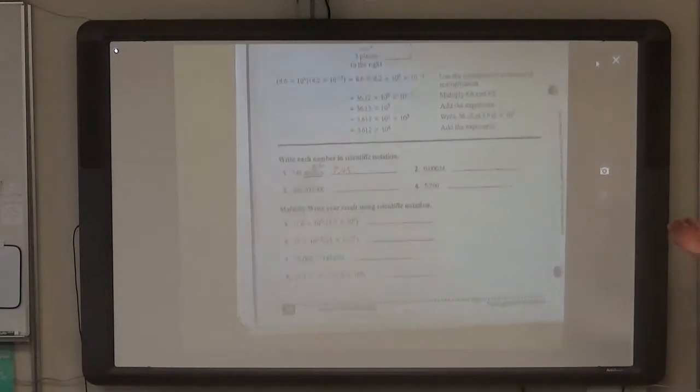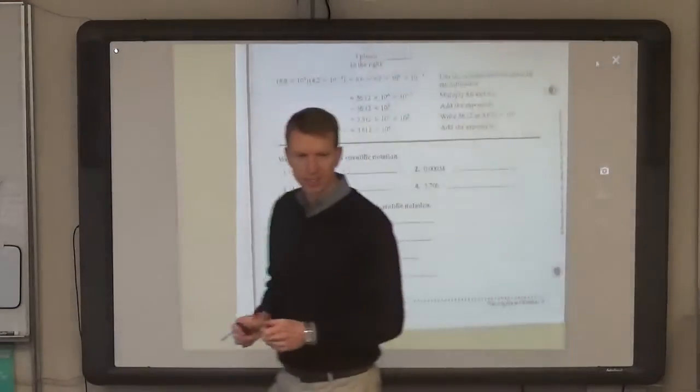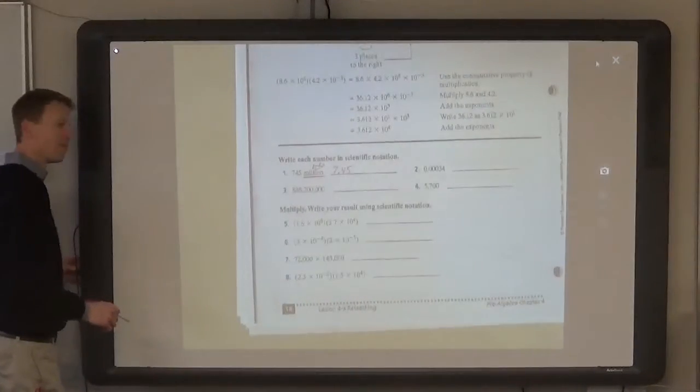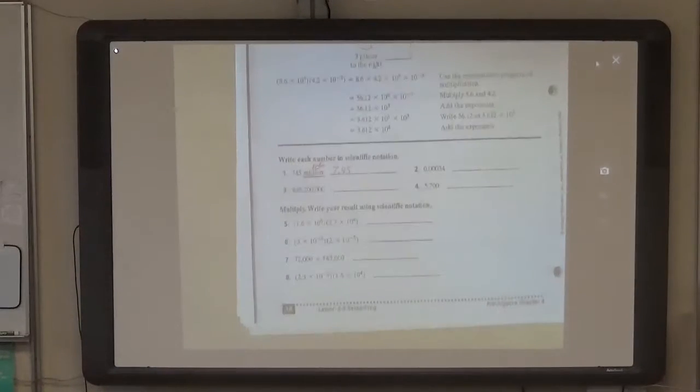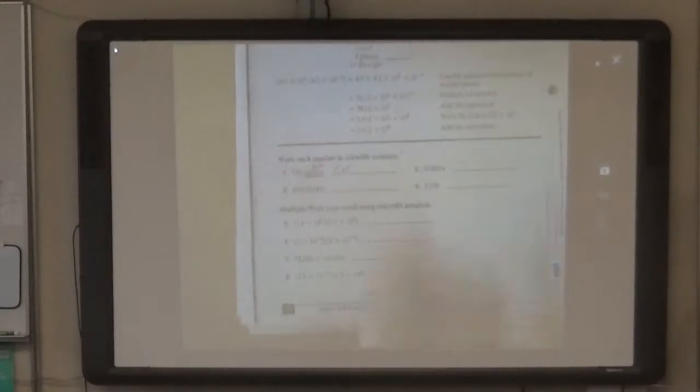We just talked about that. If you have to move the decimal place 2 more places to the left, what does that equal then? It's not 10 to the 6th power, it'd be 10 to the 8th power. Good.